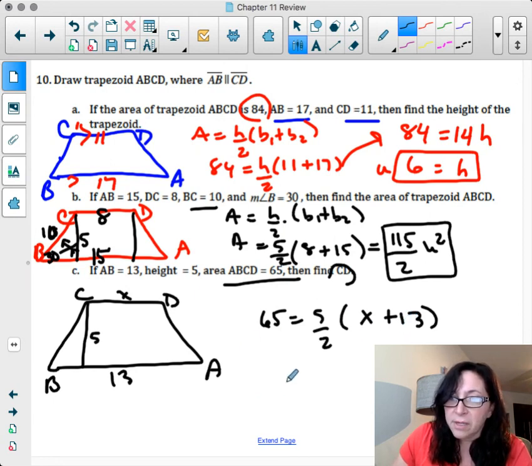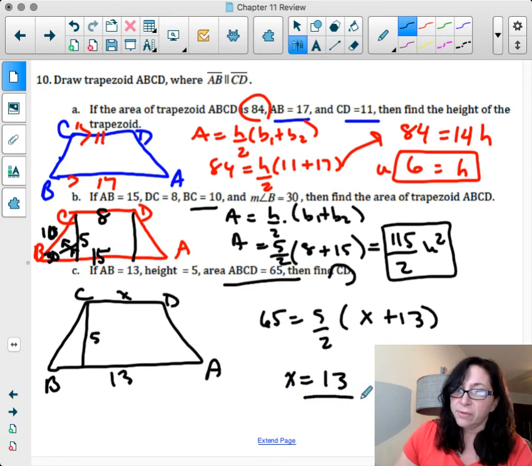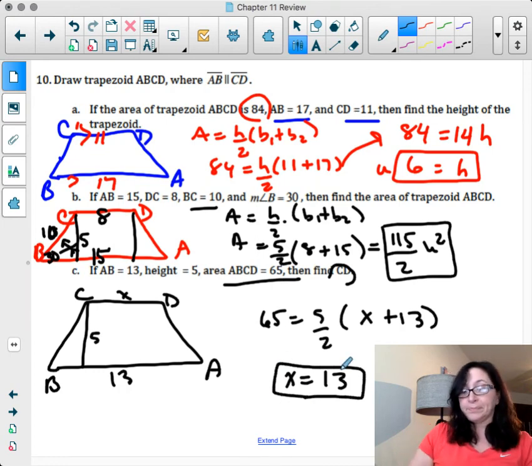I think that's 13. Actually, this is interesting. X equals 13. This quite possibly is a rectangle now because I did get x equals 13. Okay.